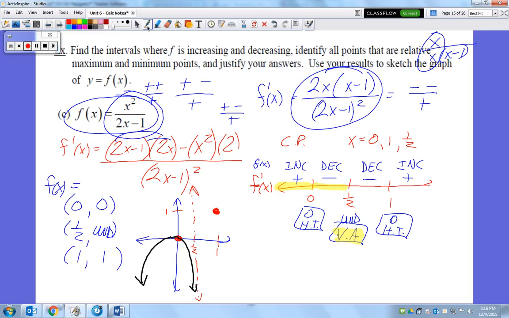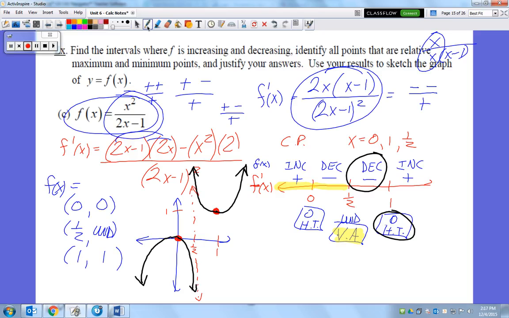Check it out. 1/2 to 1, I'm going to do what? Decrease to a slope of 0. Smiley face. I'm going to decrease until I come to a slope of 0. There's your vertical asymptote. And at the very end, I'm going to increase with a smiley face. There's your graph.